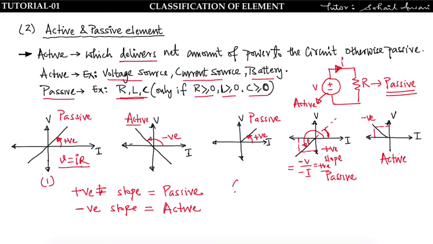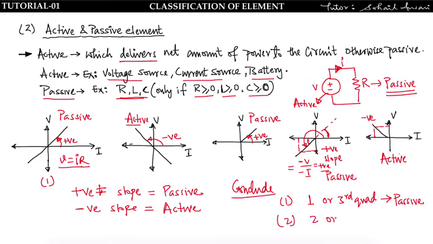So in a nutshell, we can conclude that if the graph lies in the first or third quadrant, then that element is known as a passive element. Second, if the graph lies in the second or fourth quadrant, then that element is known as an active element.